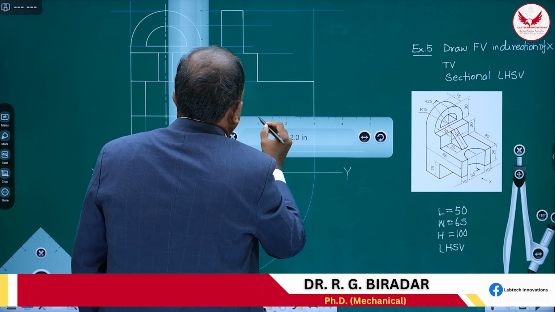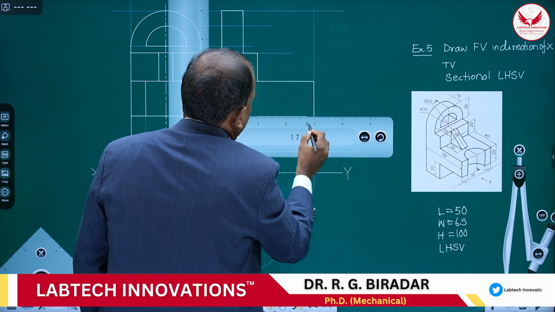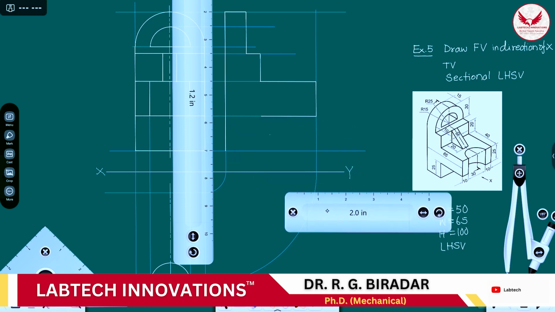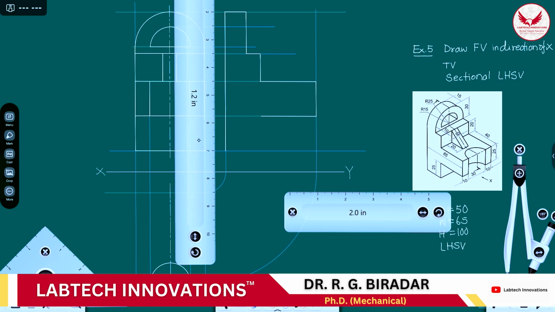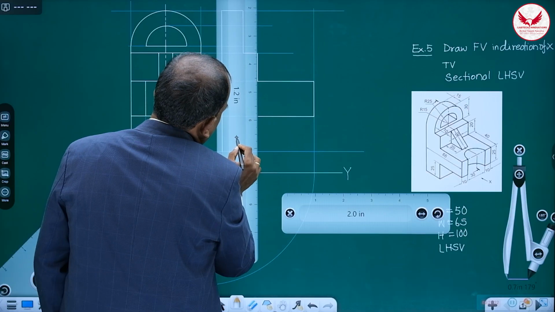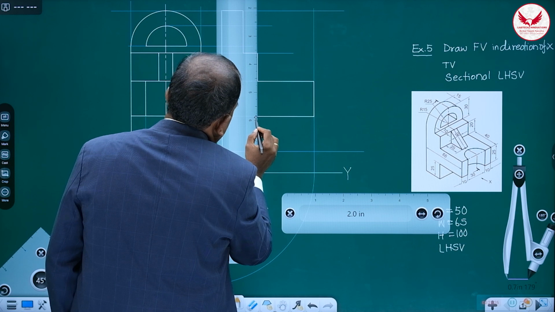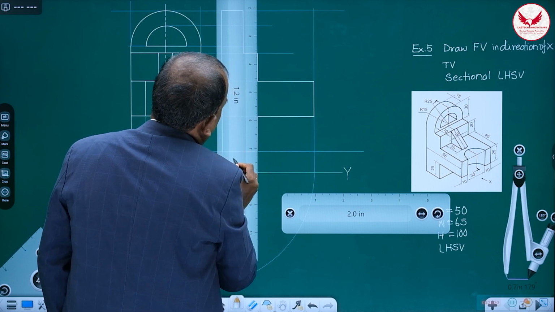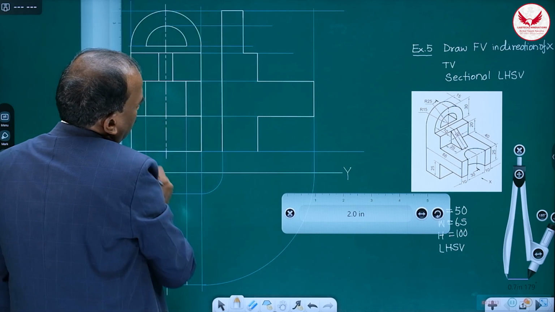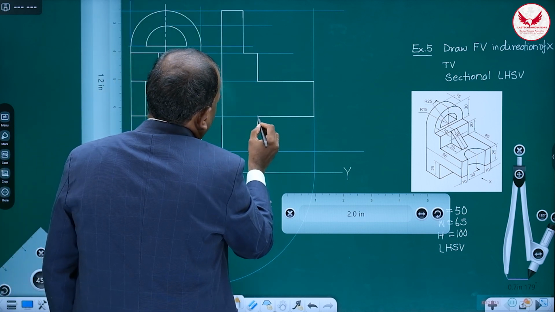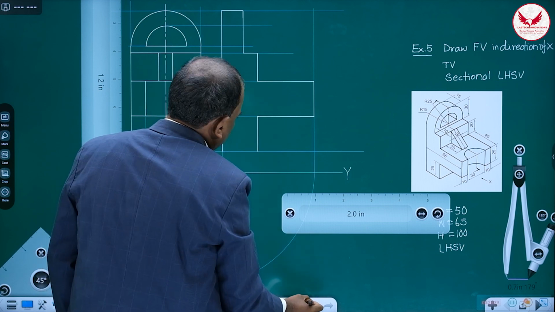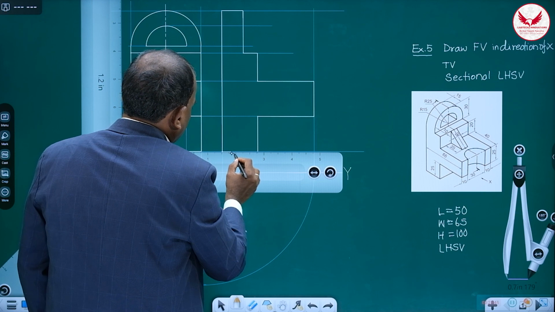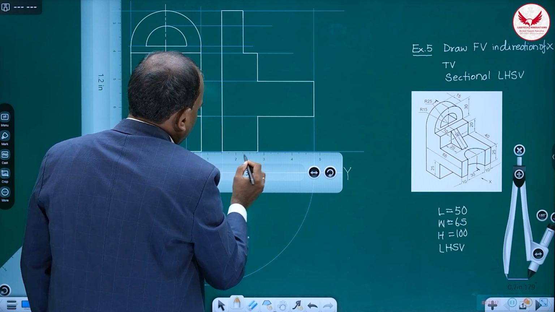It is 40. And then in the bottom side, we can mark this 25. And then the bottommost line, it is also 25.